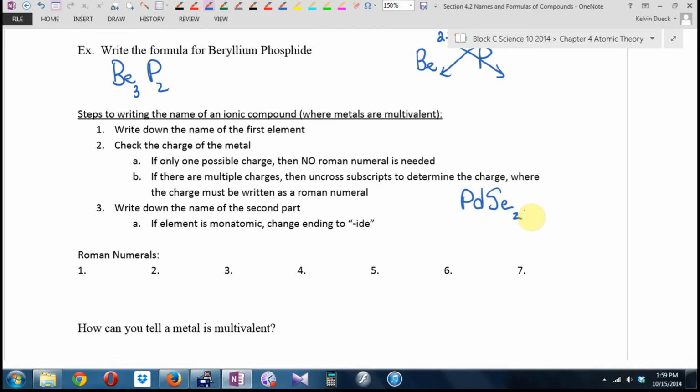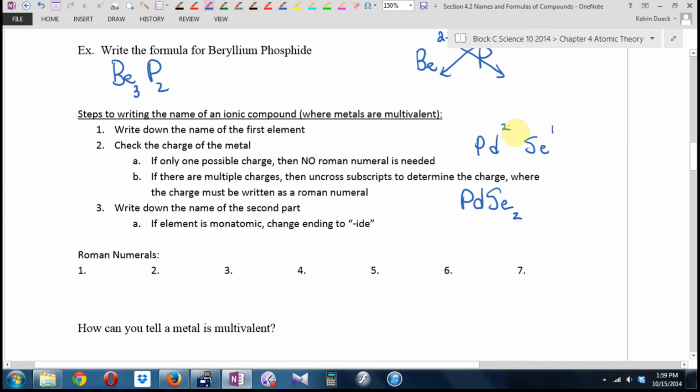You understand, it could be a 2+, it could be a 4+. First thing I'm going to do is uncrisscross. And I usually rewrite everything, because otherwise it gets messy. So I'm going to put the Pd right here, the Se right here. When I uncrisscross, I'd end up with a 1 there and a 2 there. And you might say, palladium has a charge of 2.